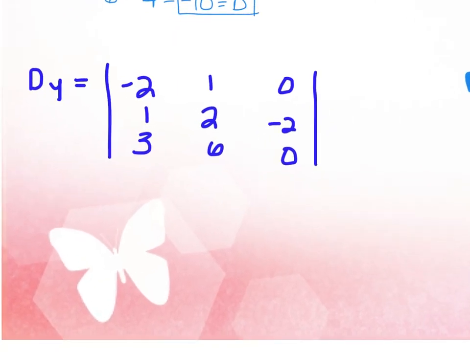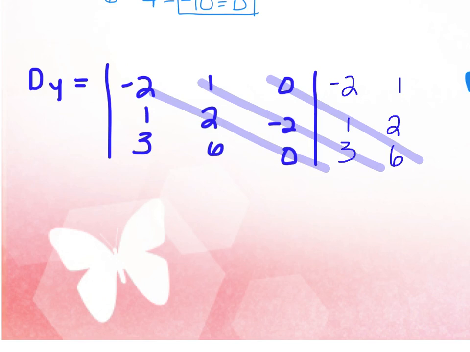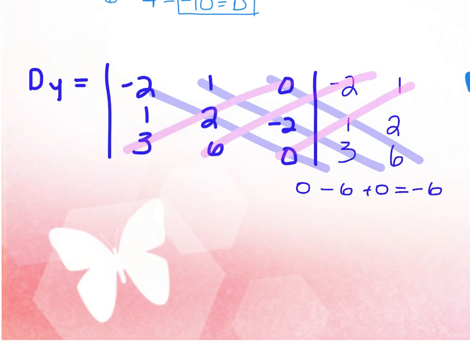And then I have to do D sub y. 0, -6, 0. 0, that's 24. 0.